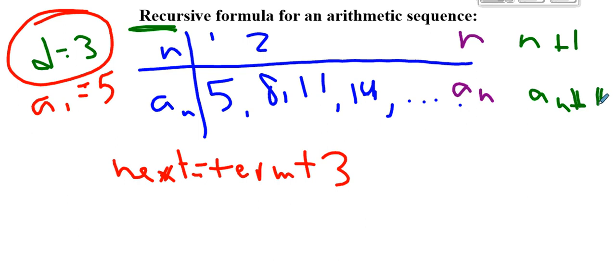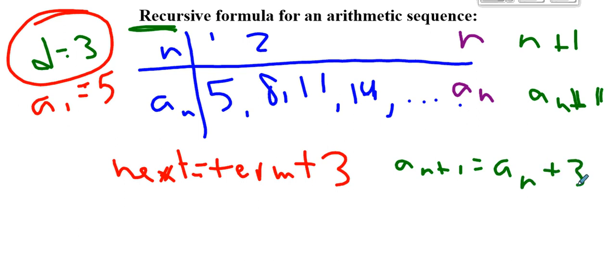So, to figure out what a sub n plus 1 is, that is, what our next term is, we have to define it in terms of the term before it, which would be a sub n, plus whatever that difference is. So in the case of this particular sequence, we're talking plus 3.